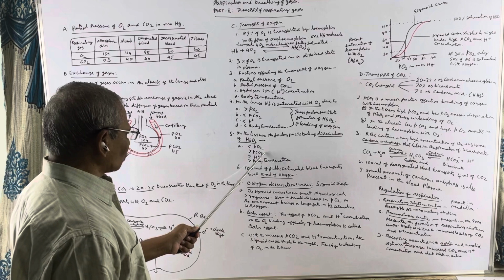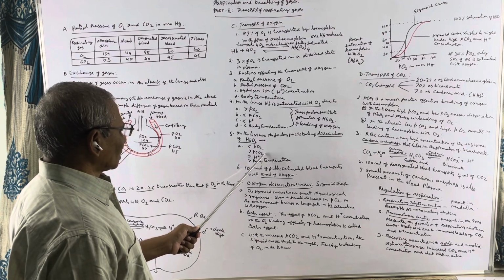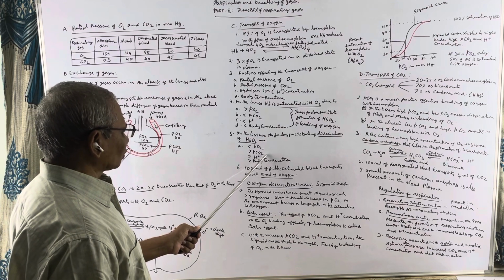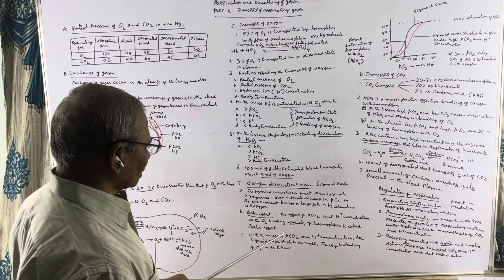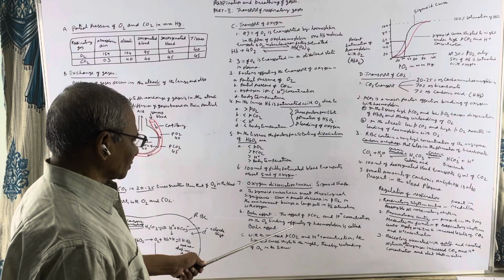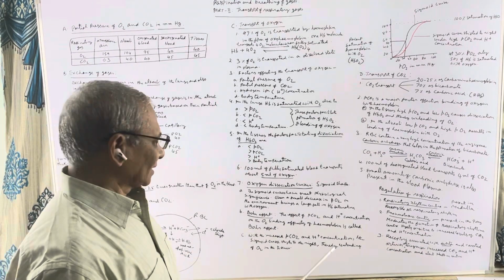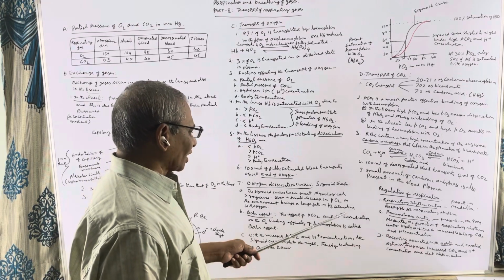So mainly these two, high partial pressure of carbon dioxide and a high hydrogen ion concentration in the tissues, have an effect on the binding ability of hemoglobin with oxygen.